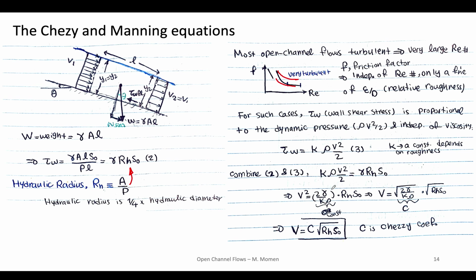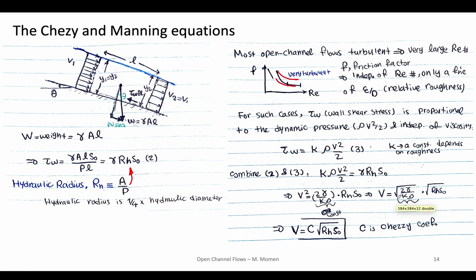V square is going to equal 2 gamma over K rho times RH times S naught, putting everything else on the right hand side of this equation. And then I will take the square root of this equation to get V. So V is going to be the square root of 2 gamma over K rho times the square root of RH times S naught. See, this value here is constant.